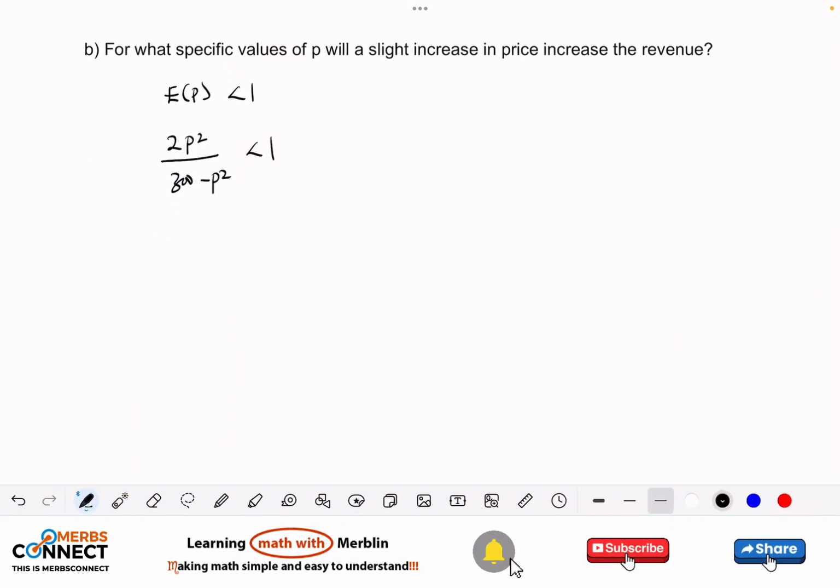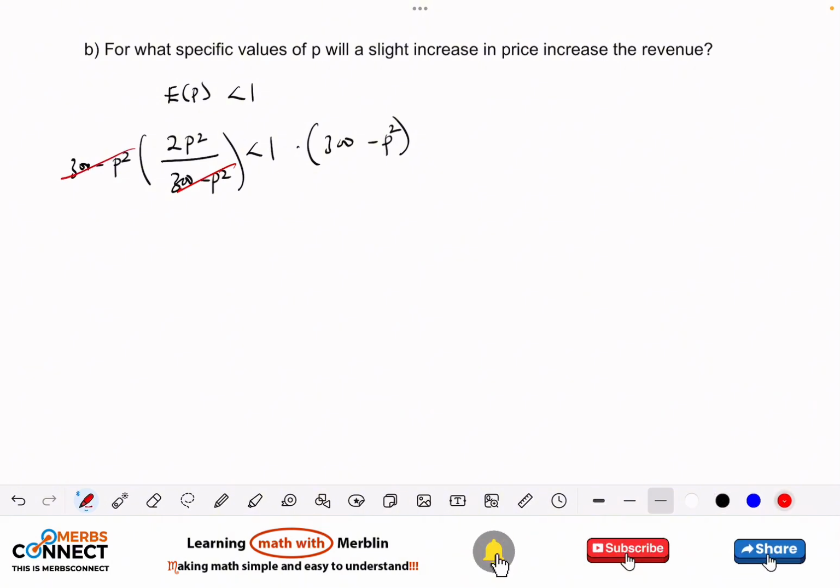Now this is like divided by 1, right? So I'm going to multiply this side by 300 minus P squared, and also multiply this one by 300 minus P squared. Good. So that this will cancel this.